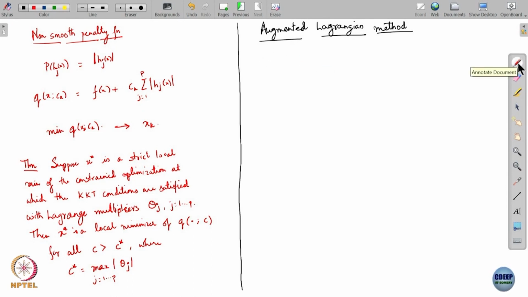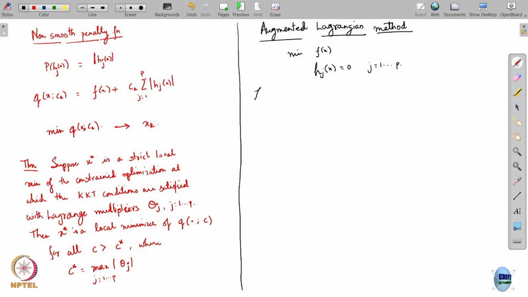Let us first look at a problem with only equality constraints. So, you are minimizing a function f subject to, say for simplicity, only these equality constraints h_j(x) equal to 0 for j equals 1 to p.